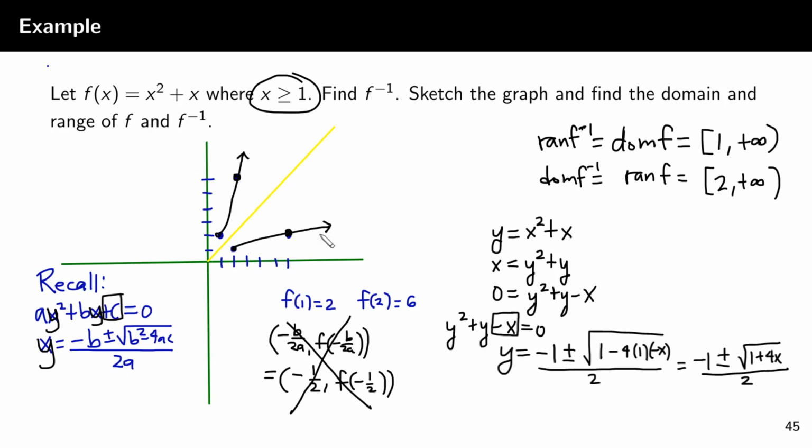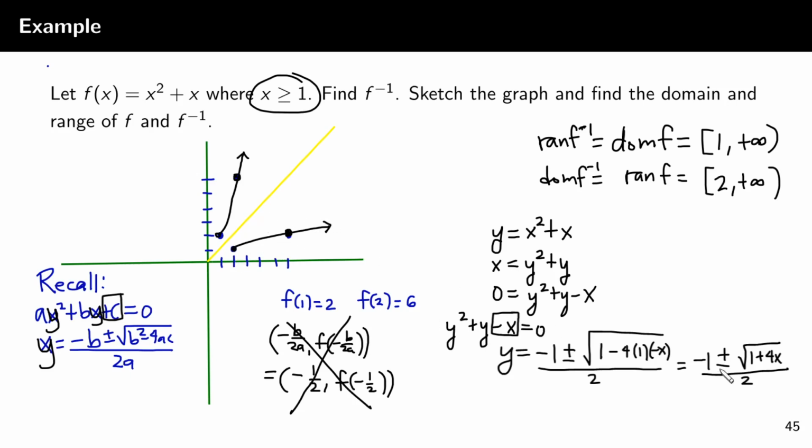What do you observe here? Itong graph natin nasa taas ng x-axis. So, yung value ng y dito, positive lang. So, between the expression na plus yung nasa gitna at minus yung nasa gitna, alin yung magpo-produce nitong graph natin?